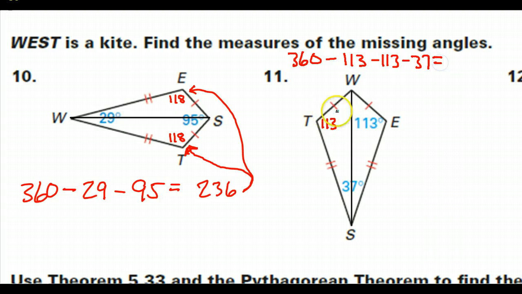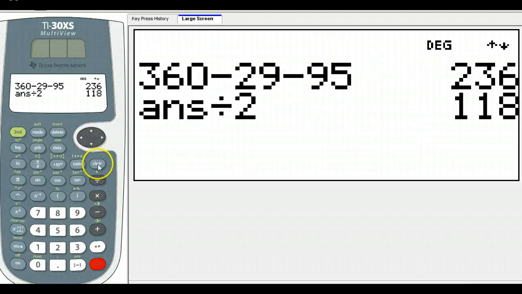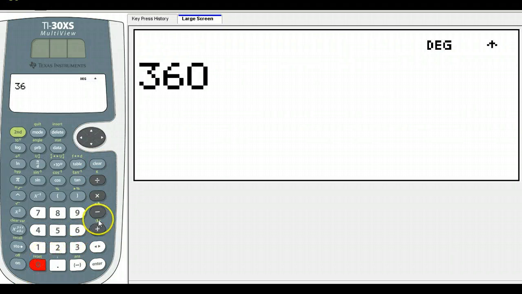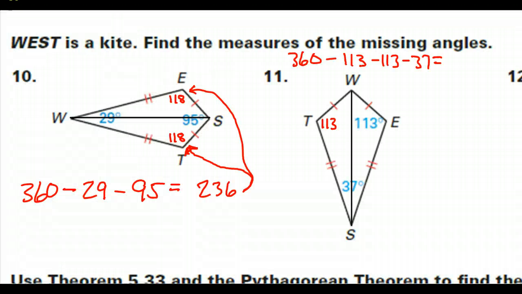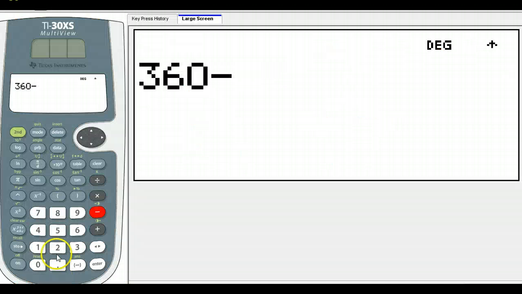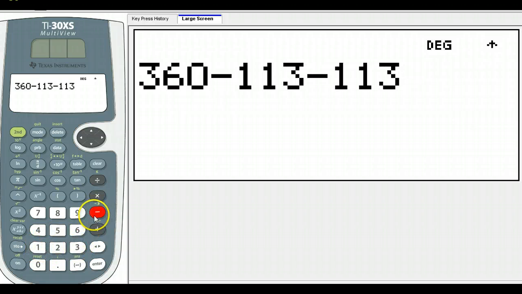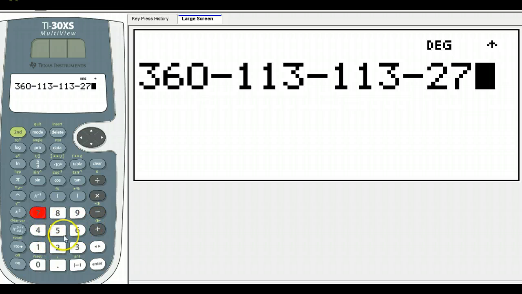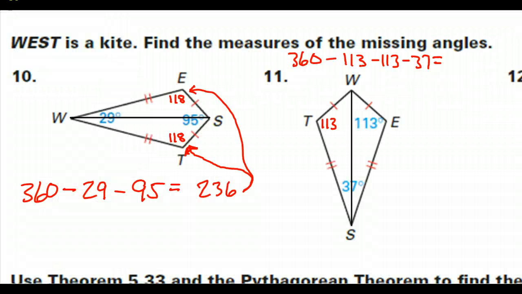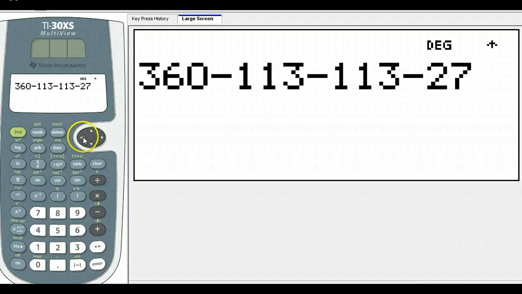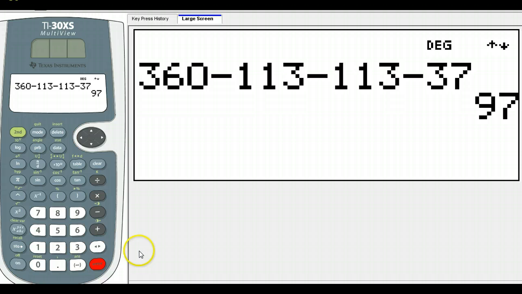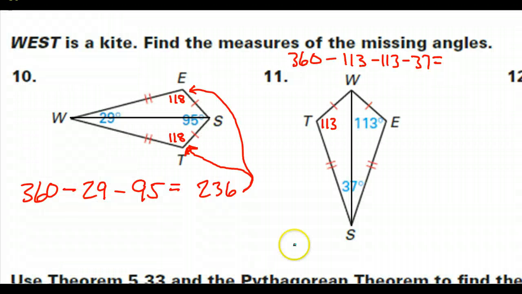And whatever we get should be angle W. That leaves 97 degrees.